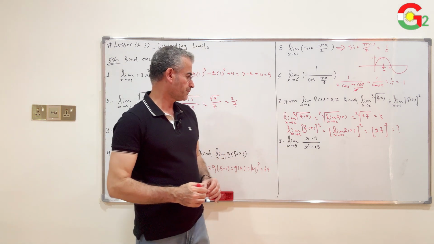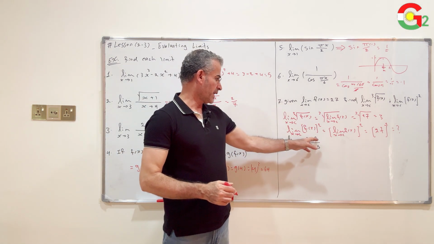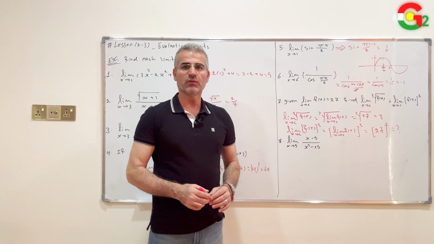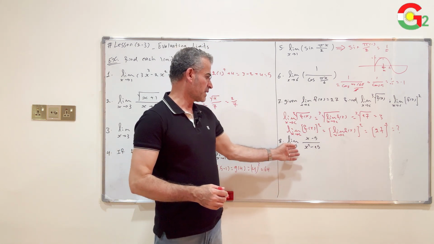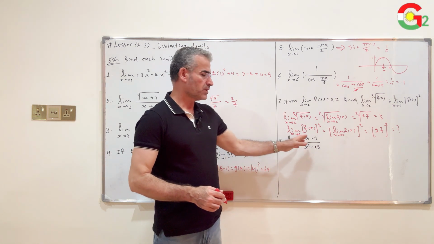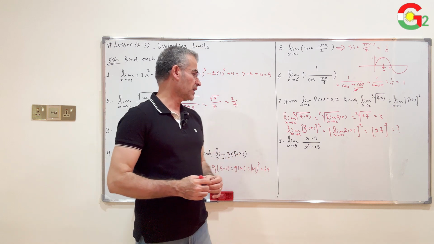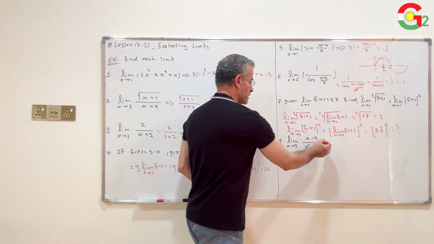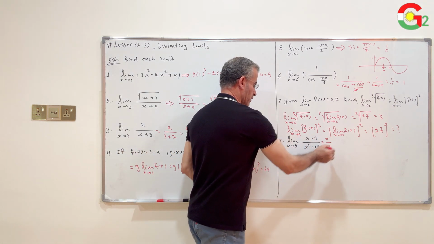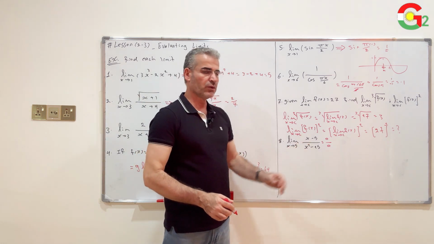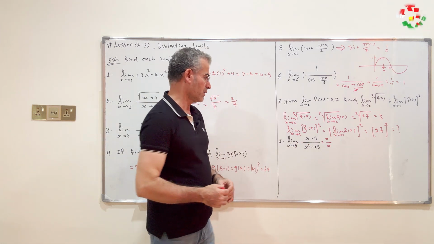Number 8, the limit of x minus 5 over x to the power 2 minus 25 when x approaches 5. If I substitute every x with 5 directly, the answer is 5 minus 5, 0, over 5 to the power 2, 25 minus 25, 0.